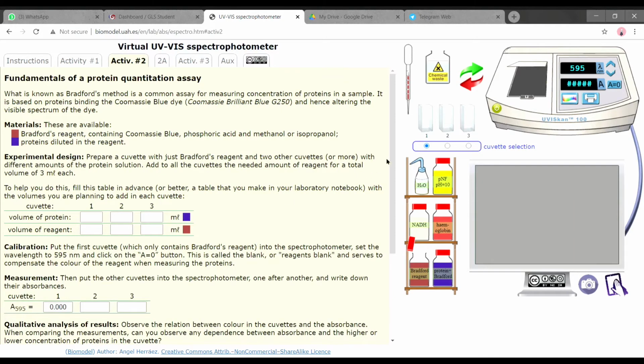So in the cuvette 1, we put the Bradford reagent to make it as a blank. And then we set the spectrophotometer for the wavelength is 595 nanometer. We set the absorbance to 0.